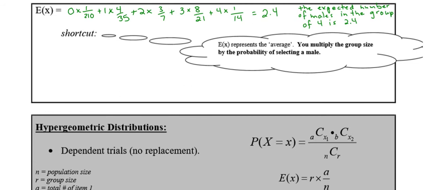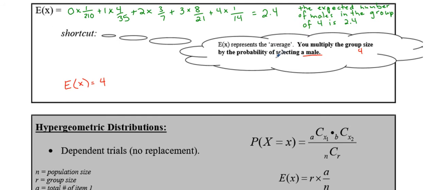Now for hypergeometric distributions, there is a shortcut so that you don't have to do all of this work here. So the shortcut that you can take is take the group size, which is 4, and you're going to multiply it by the probability of selecting a male. And the reason why it's the probability of selecting a male is because that's what our random variable is.